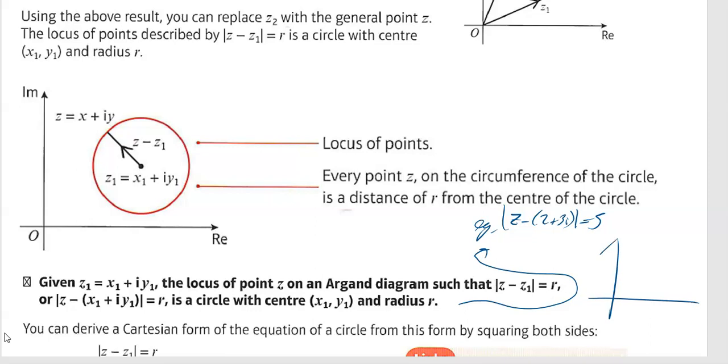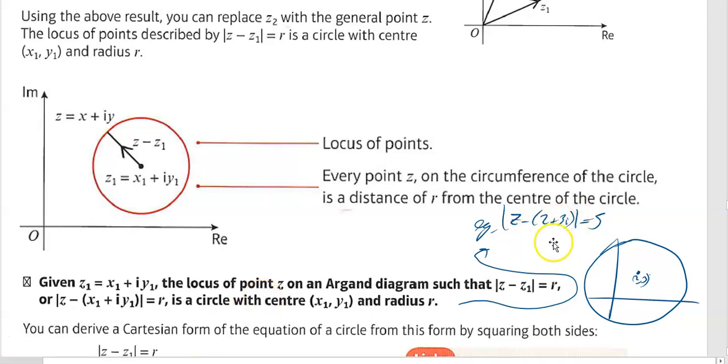There's your 2, 3, very roughly here, and it has a radius of 5. So whatever you're taking away, that would be the coordinates of the center, so 2, 3, and the right-hand side is the radius. So this one would have a radius of 5, and that's it.